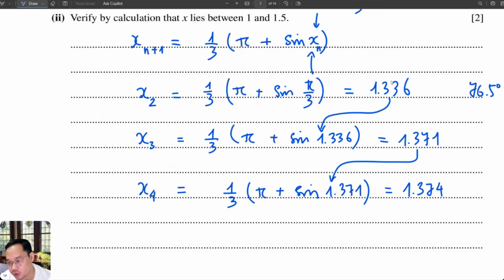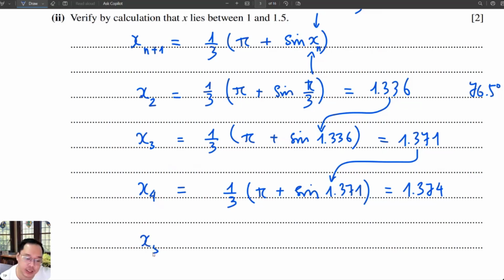1.374. So do you see that this value is converging, approaching a value, and they get closer and closer? 1.374 is relatively close to 1.371, right? So I guess that only one more step will get to a value that is close enough to the solution of this equation.